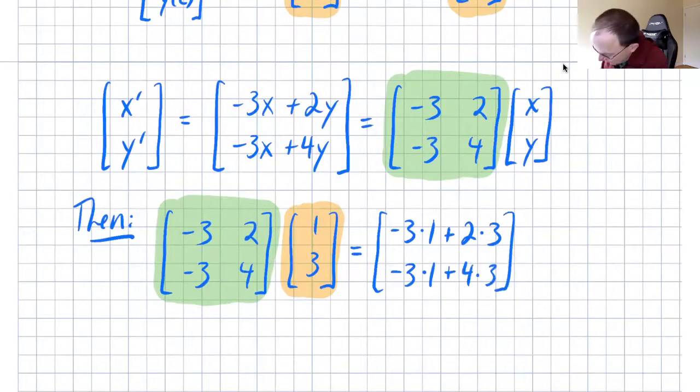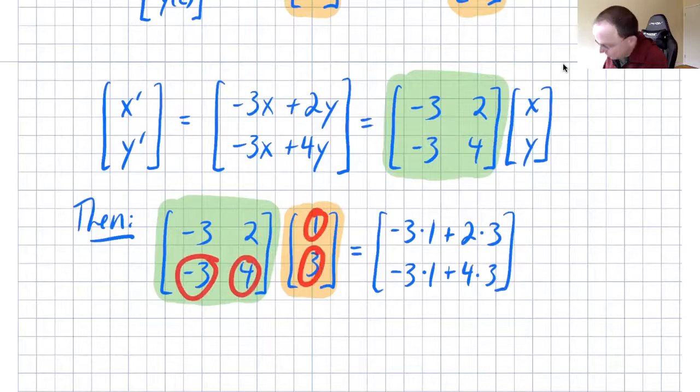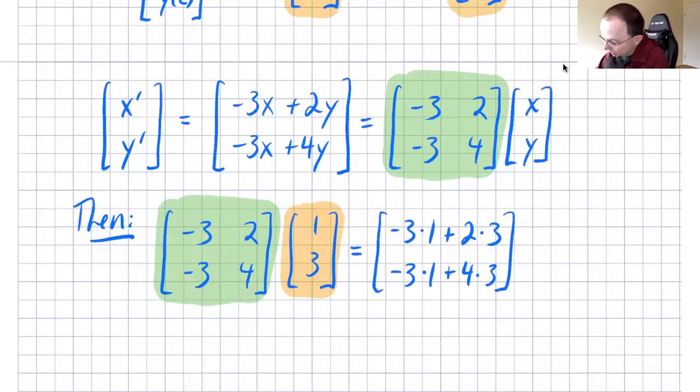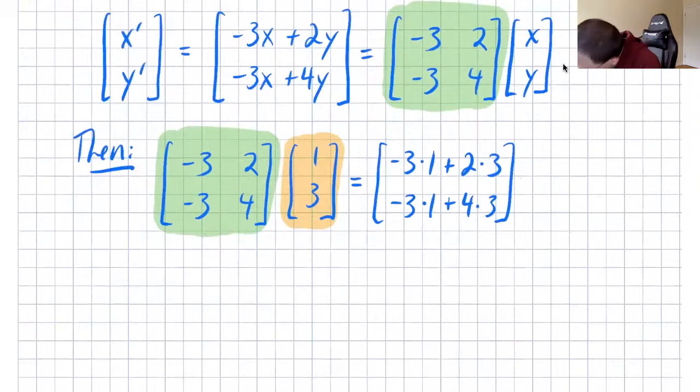Again, that's negative 3 times this 1 plus 4 times this 3. And what do we get when we compute this? We get negative 3 plus 6, that's going to be 3. And on the bottom, we have negative 3 plus 12, which is 9.